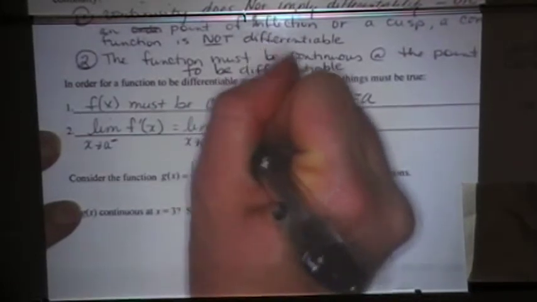Then this must be true. The limit as x approaches a from the left of the derivative of the function must equal the limit as x approaches a from the right of the derivative of the function. So the derivative has to equal the same thing from the left as it does from the right.